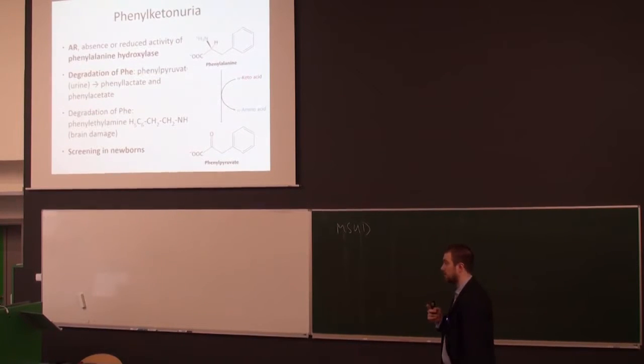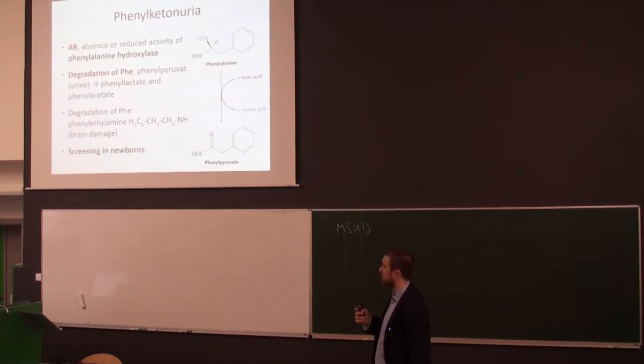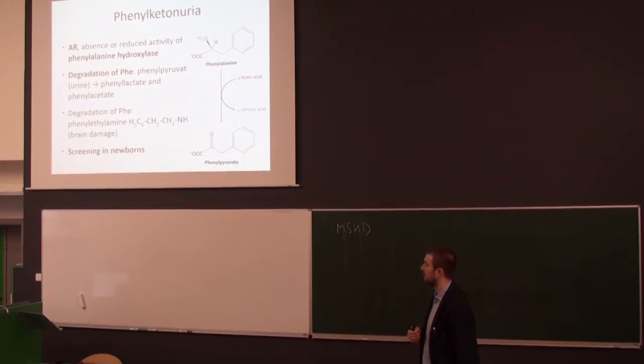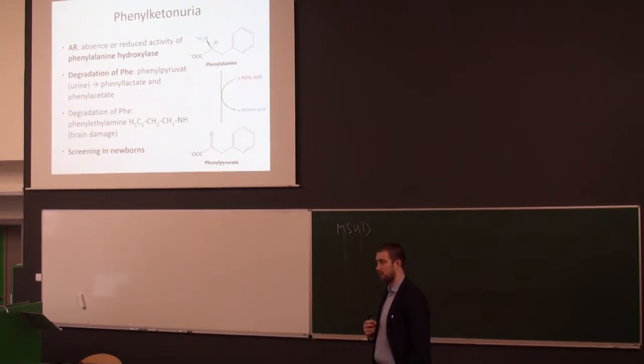And one other alternative product is phenylethylamine. That means that, as you see here, you will miss the carboxy group. So it's the amine derivative from phenylalanine, and this compound is toxic to your brain.